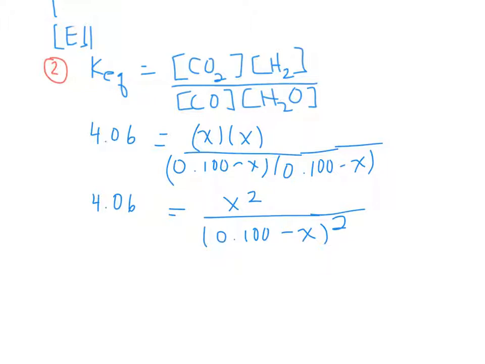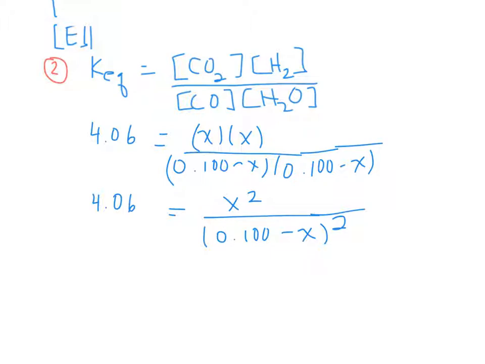Some of you may be frightened right now, looking at this and thinking that it's a quadratic expression, and it is. I've got some squares here. There may be questions where we have to employ the quadratic formula to solve for our X value, in order to then go back and solve for equilibrium concentrations.